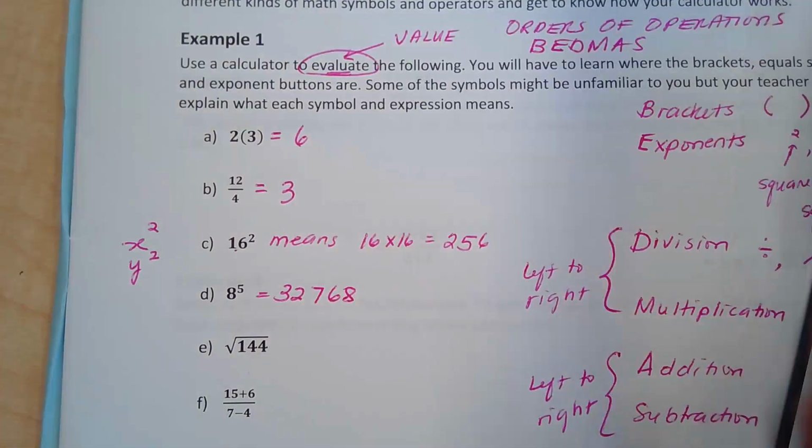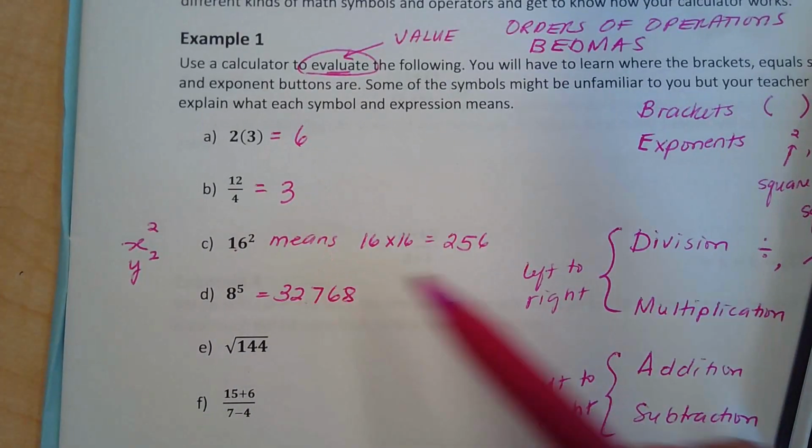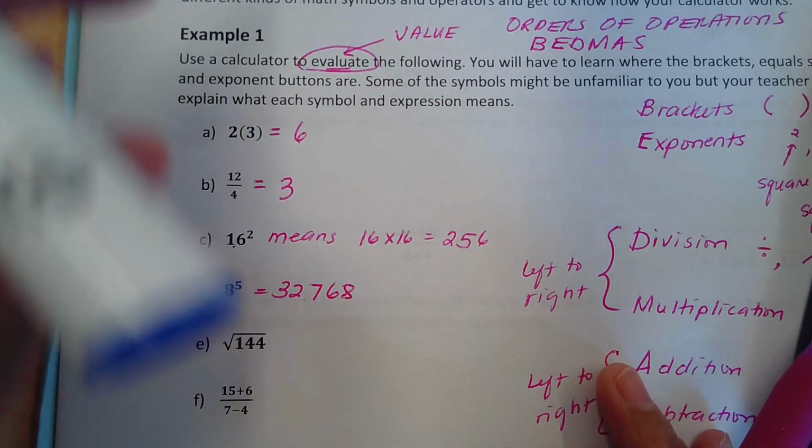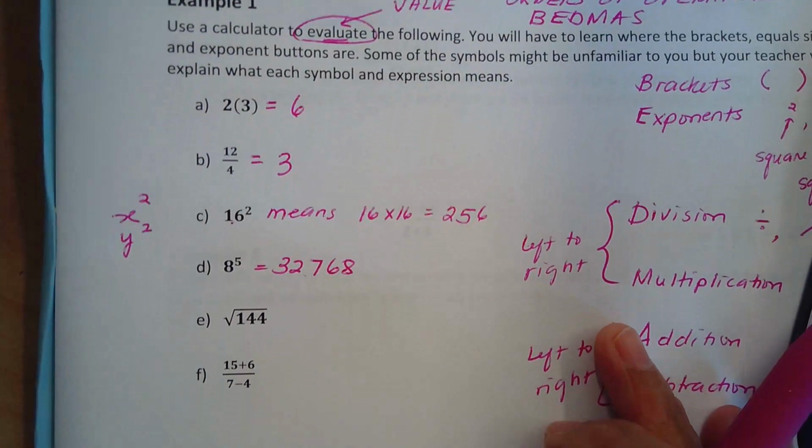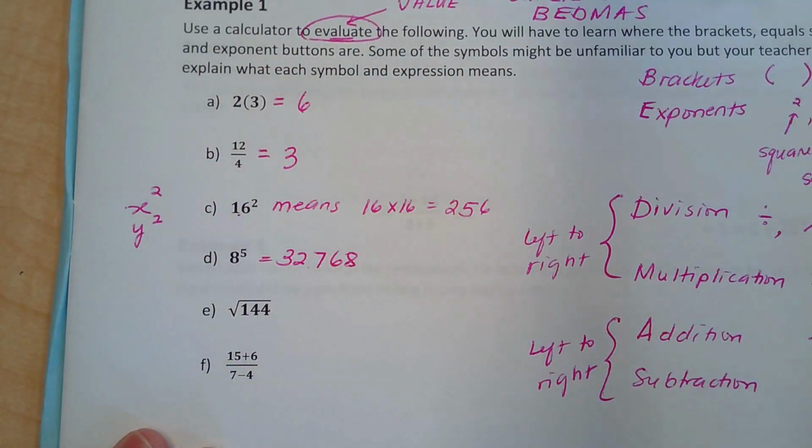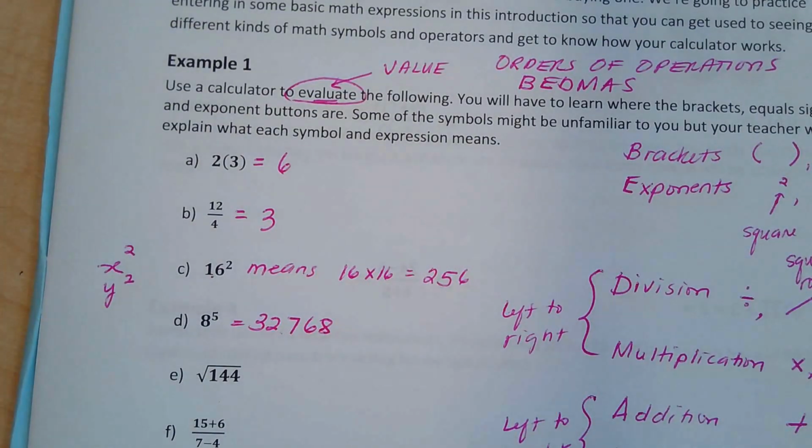So 32,768. Now, that's a shortcut, right? 8 to the exponent 5. Some of the calculators have different buttons, yes, and this one is also good.